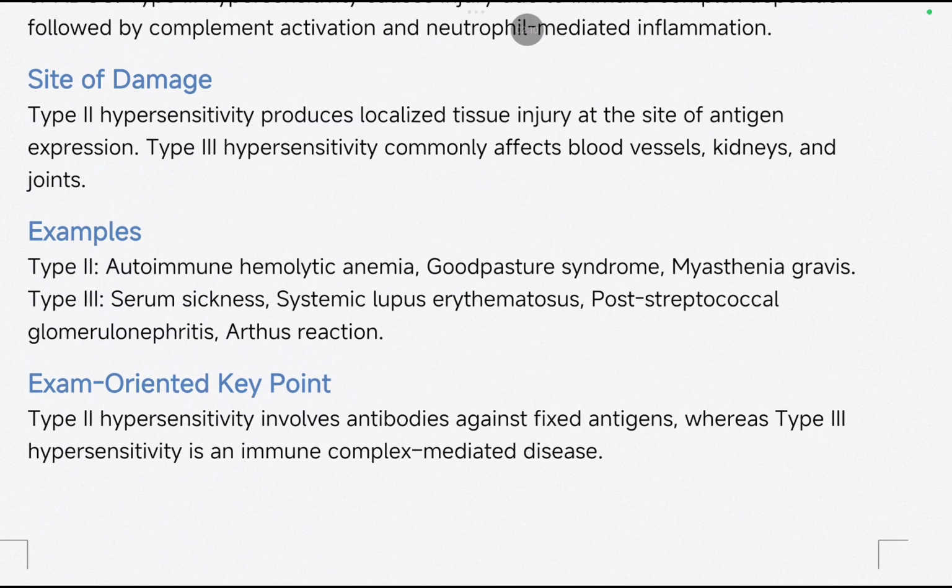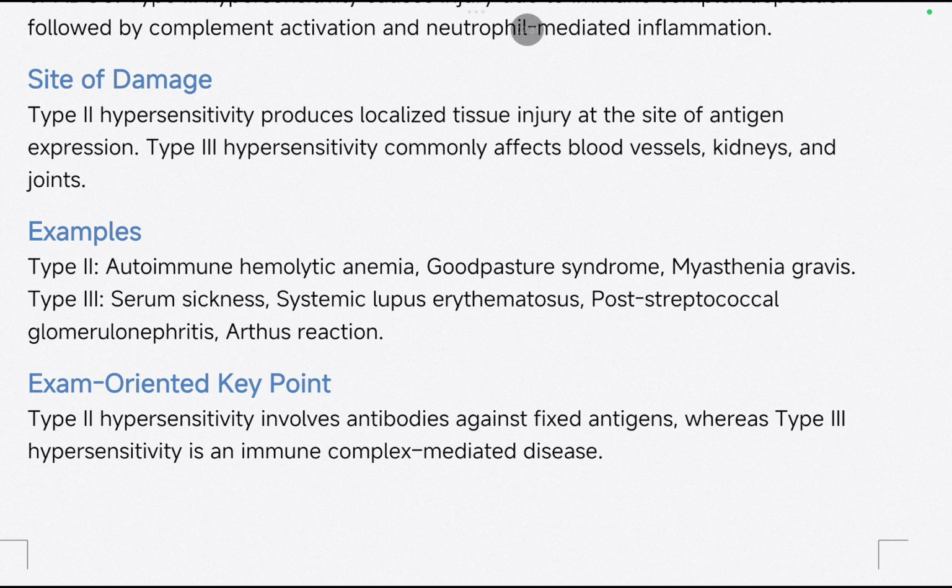What are the examples? Examples of type 2 hypersensitivity are autoimmune hemolytic anemia, Goodpasture syndrome, and myasthenia gravis. Myasthenia gravis, you must have studied in your first year. It is a neurological disorder where the patient lacks control over the muscles. What is type 3?